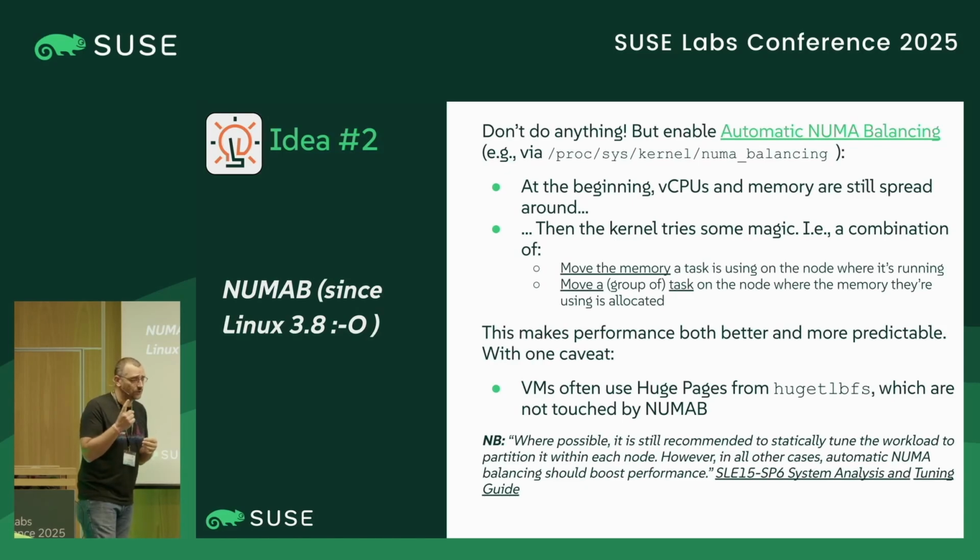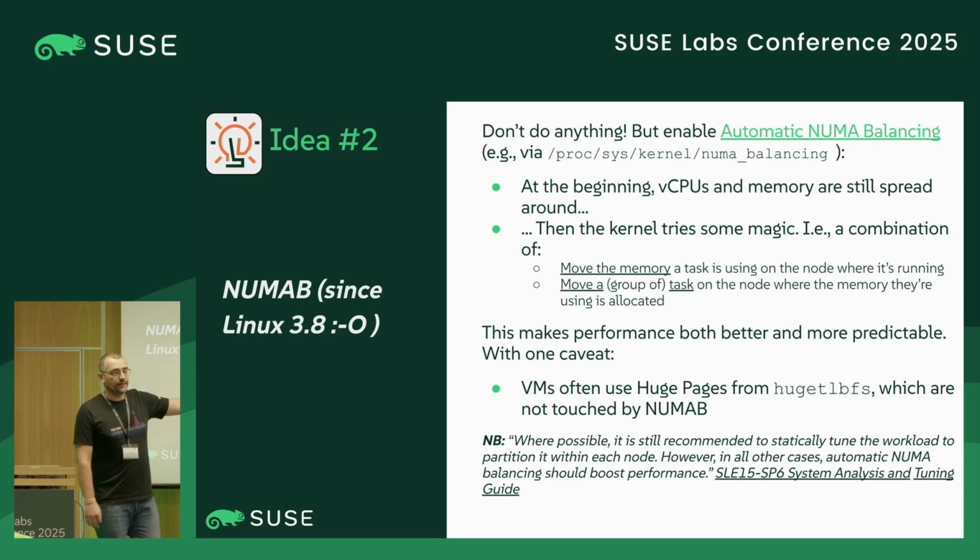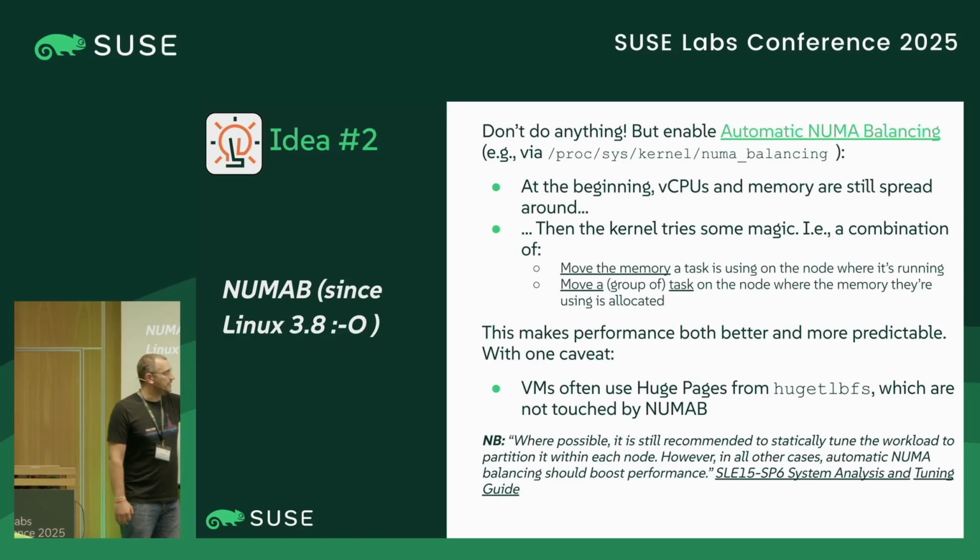There is one thing, though, that we may want to use, and it proves useful depending on the workload, of course, but it usually does for VMs: using huge pages and, if possible, pre-allocating them from hugetlbfs.